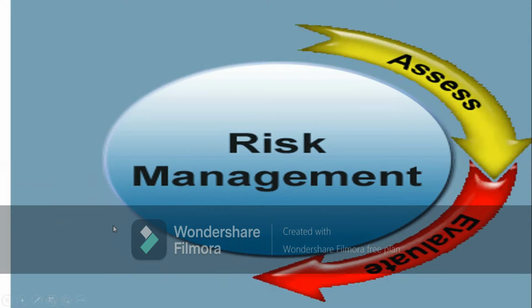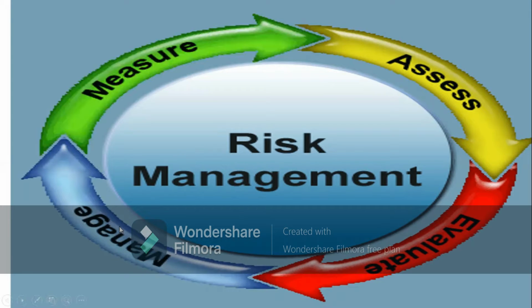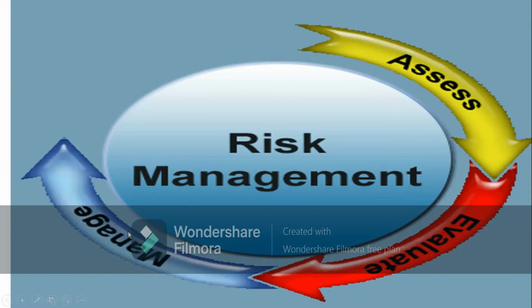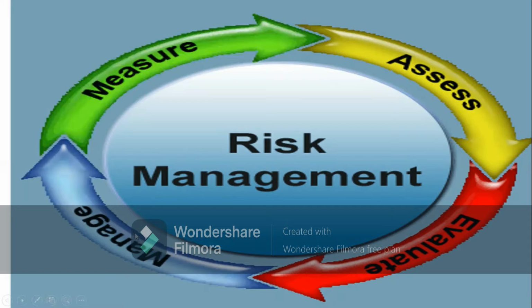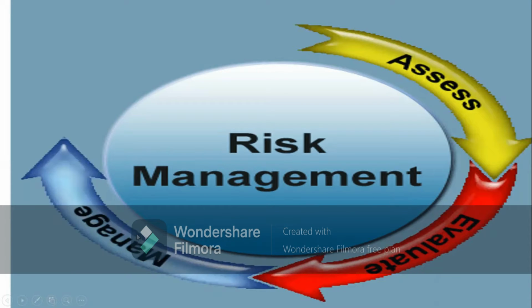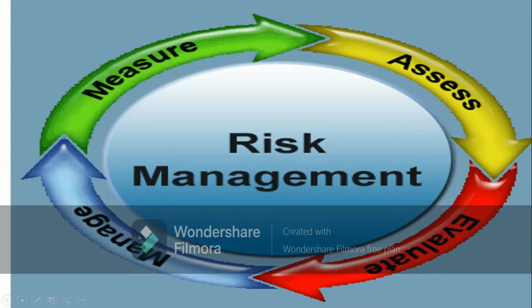Now, managing the risk is the way you're going to respond to the risk, whether you're going to avoid the risk, or exploit the risk in case it's an opportunity. If it's a threat, you're going to avoid it or transfer it, right? If it's an opportunity, you're going to share it, right? So how you're going to manage that risk, whether it's an opportunity or a threat.